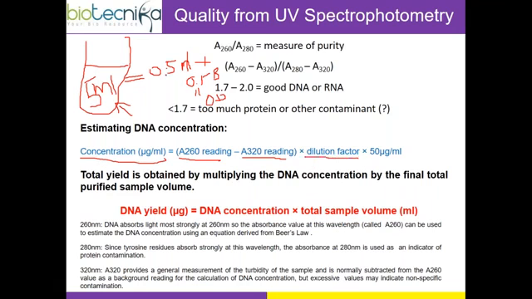Here 0.5 ml is diluted in 1.5 ml. What is the dilution factor? 0.5 is not the dilution factor here. It is 2, very good, Richa. One part is diluted in 2 parts, so the dilution factor is 2.